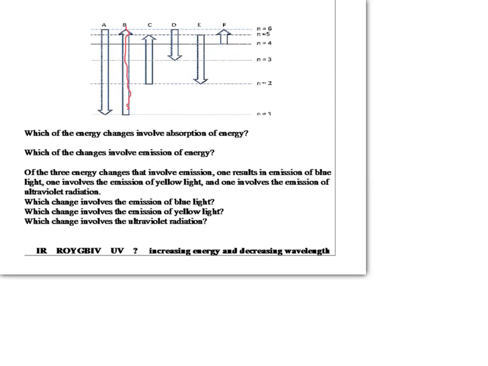So B, C, and then F. Okay, now which ones involve emission of energy? When electrons emit energy, they're going to go down to lower energy levels. So those would be A, D, and then E.